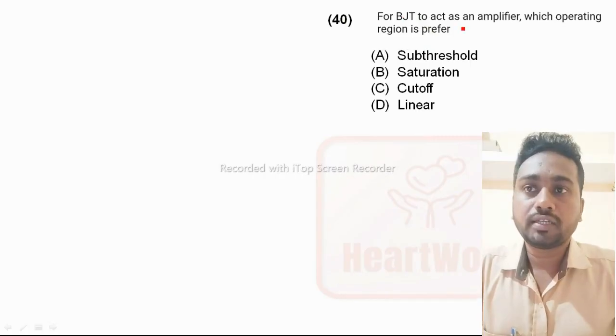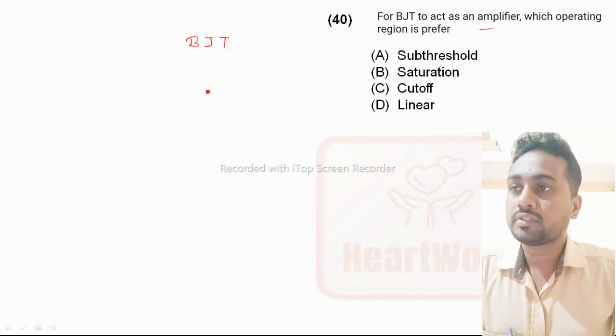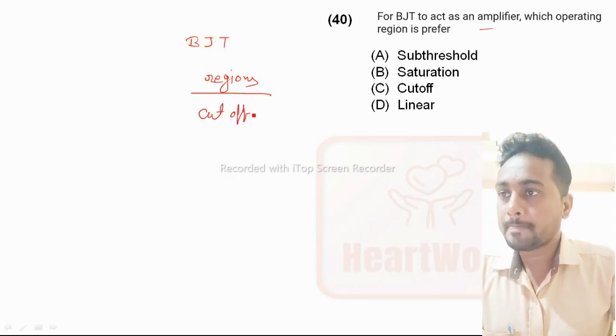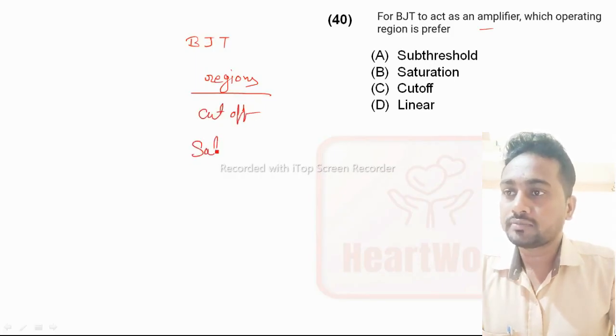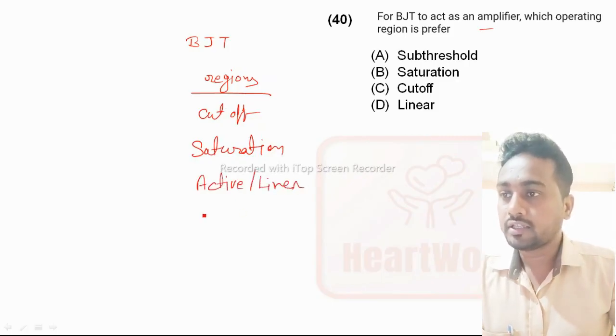For a BJT, bipolar junction transistor, when it will act as an amplifier, in a BJT there are four types of regions: cut-off region, then saturation region, then active or linear region, then reverse active region.